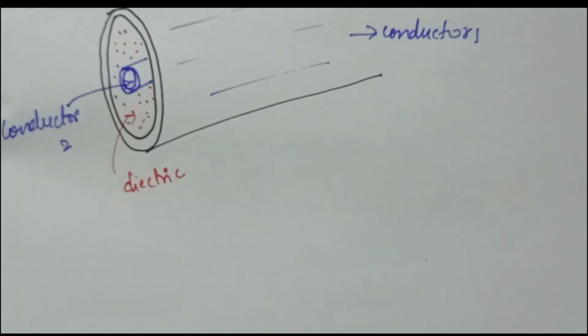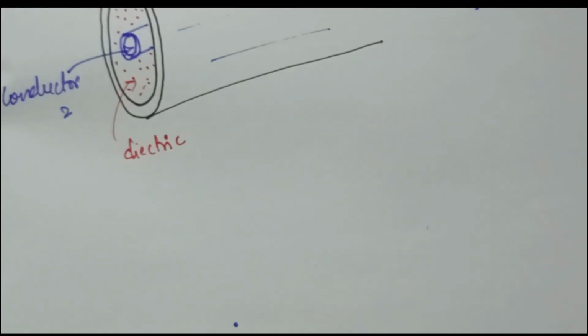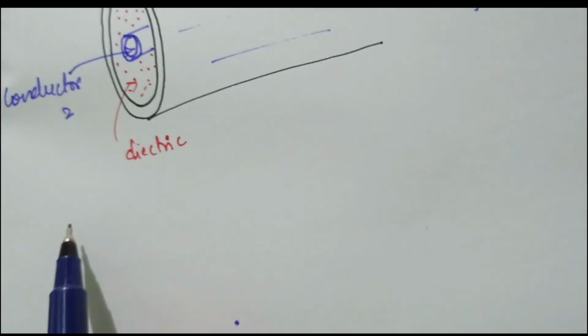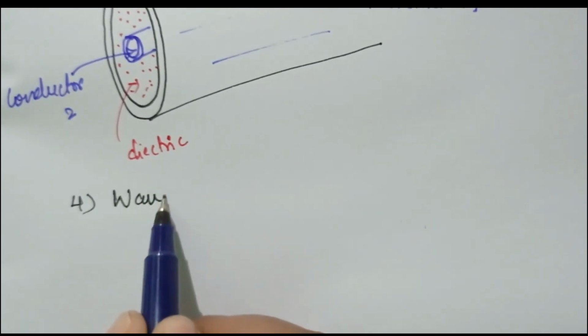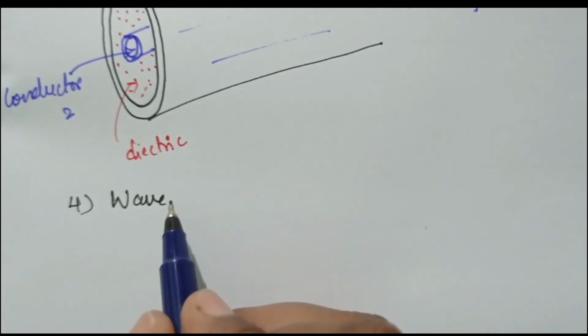Next type is the waveguide. This type is preferable for microwave frequency signals.